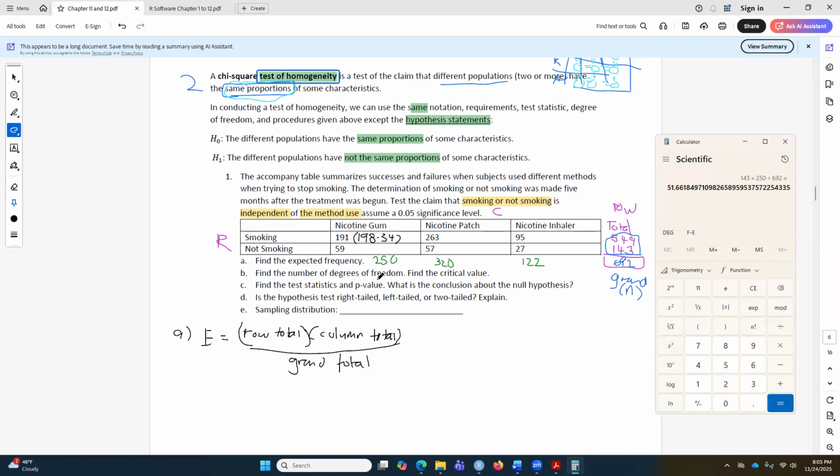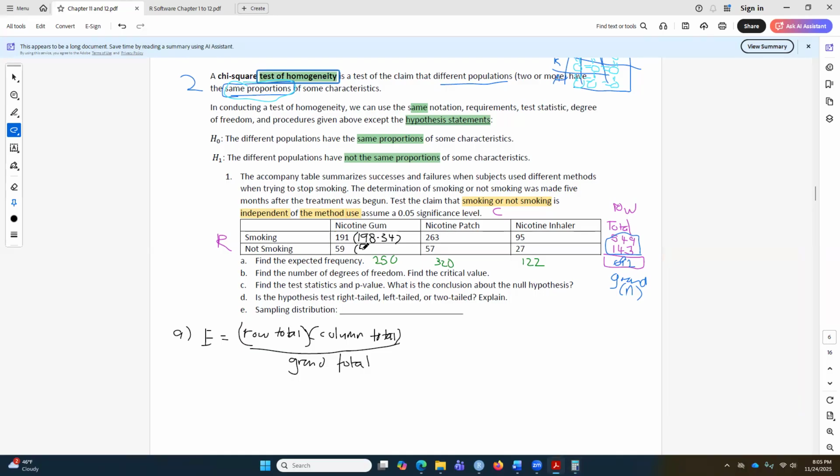So this is the expected for those who are using nicotine gum but quit smoking. That is 51.66. This is expected. So I expected this many people.